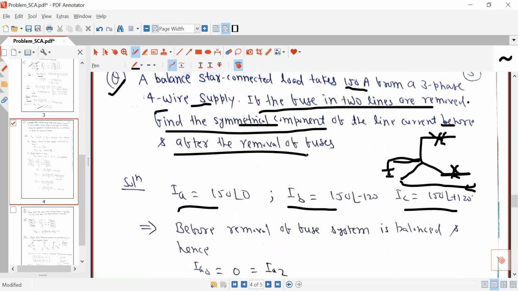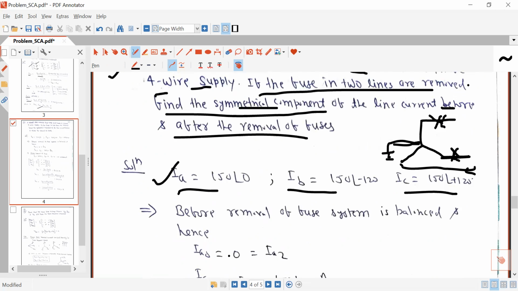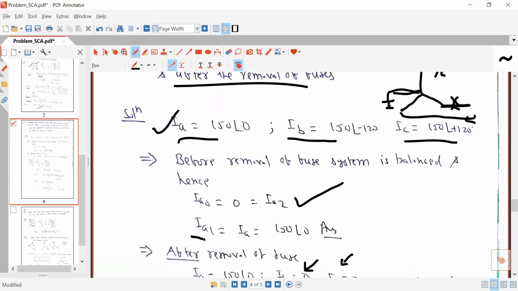When the fuse is not removed, the system will be balanced. In the previous lecture, I have already discussed that for a balanced system, the zero sequence and negative sequence currents will be zero. So go through the previous video. These two currents will be zero because it is balanced. And the positive sequence component will be equal to the current of the original phasors.